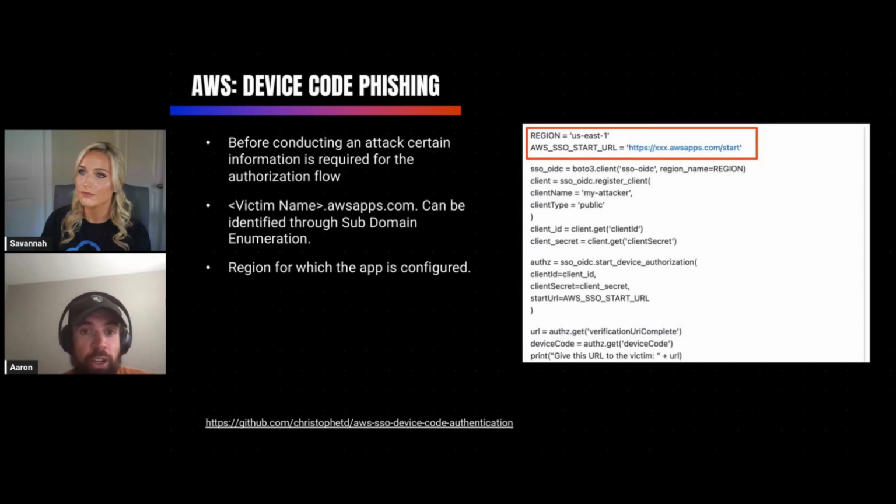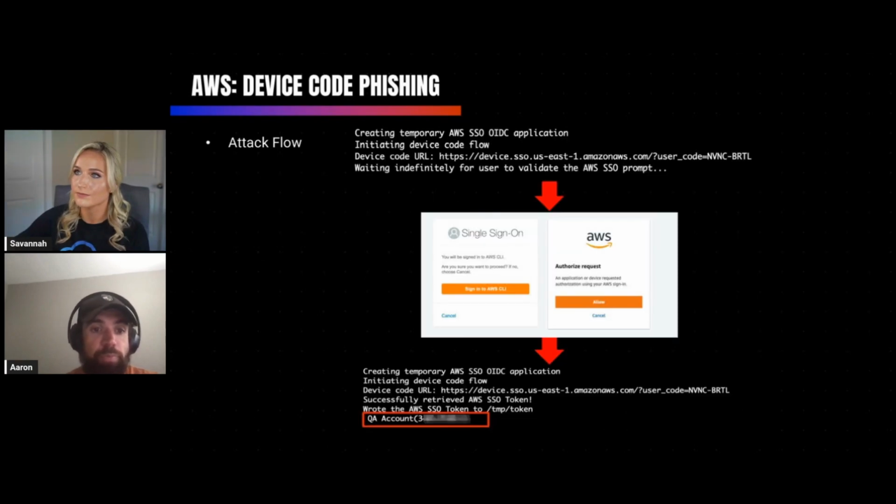So whatever your target organization is, will typically, if this is enabled, have a URL that ends in awsapps.com. And lastly, the region will need to be configured as well for the primary region that you are trying to authenticate to.